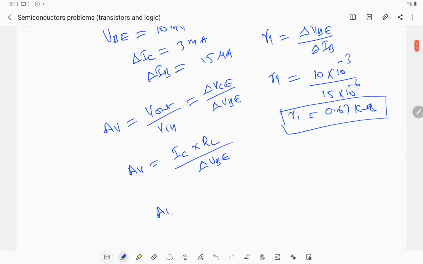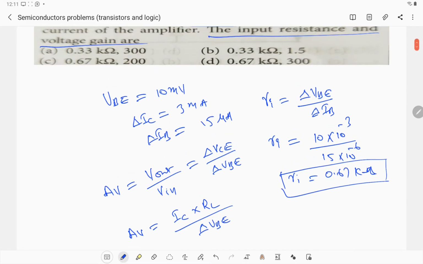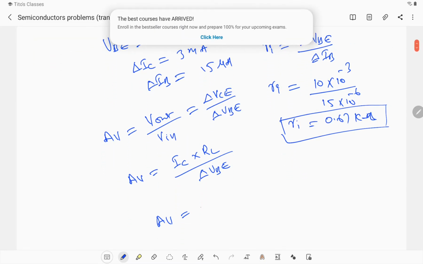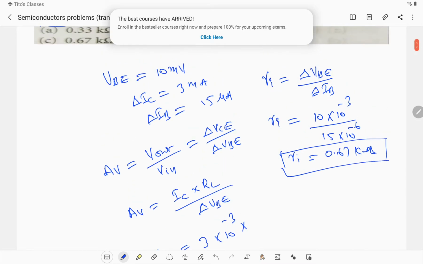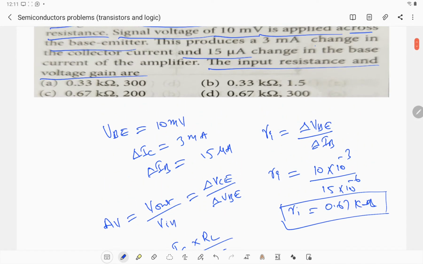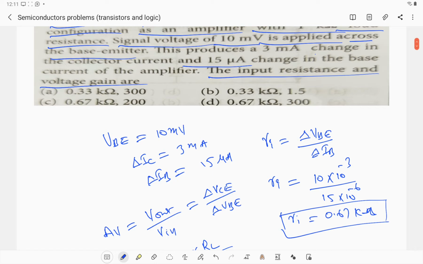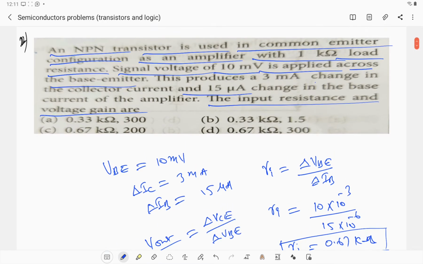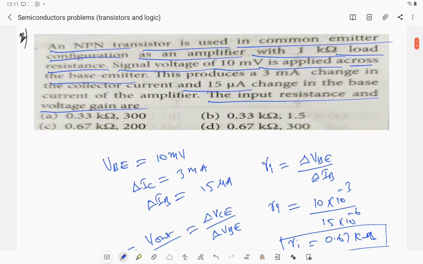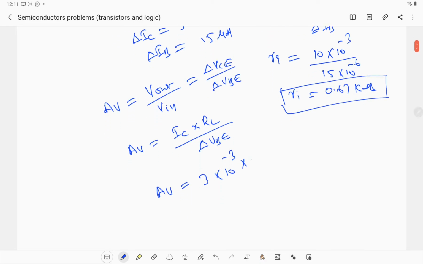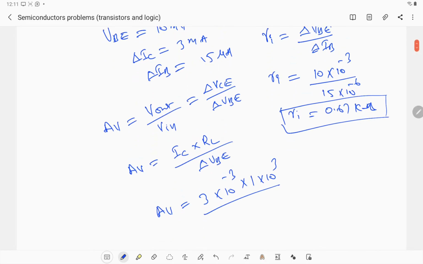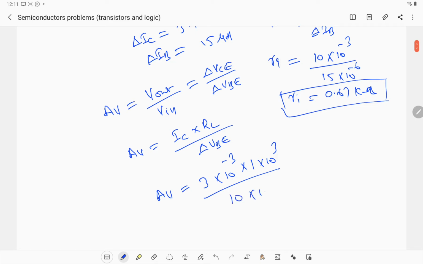This becomes AV equal to delta IC, given as 3 milliamperes, 3 into 10 to the power of minus 3, and load resistance is given as 1 kilo ohm, by delta VBE, 10 millivolts, 10 into 10 to the power of minus 3.